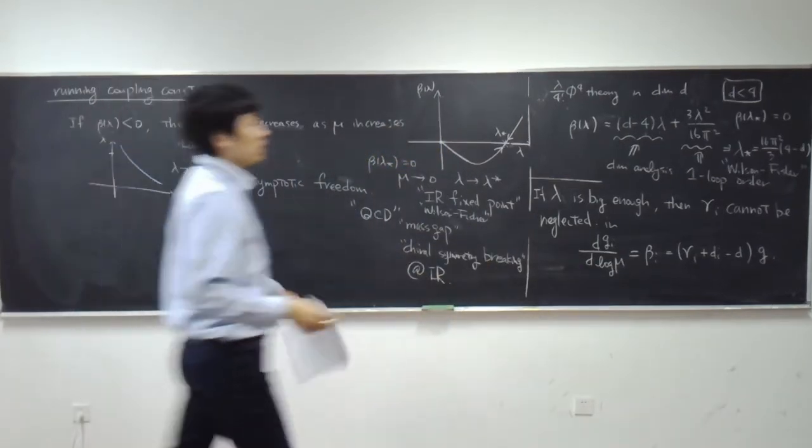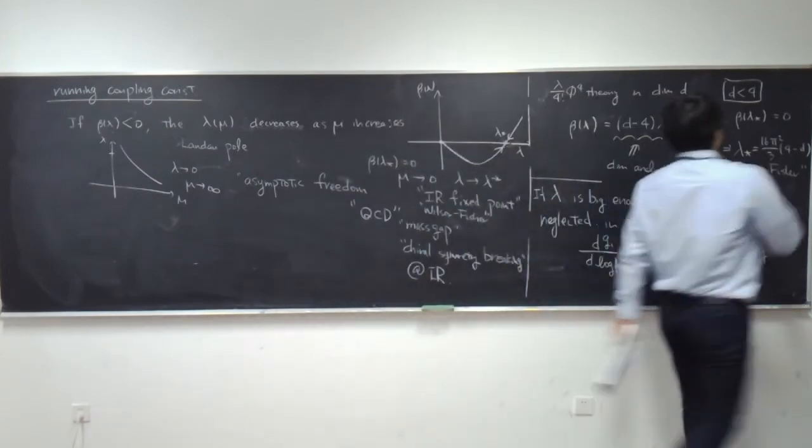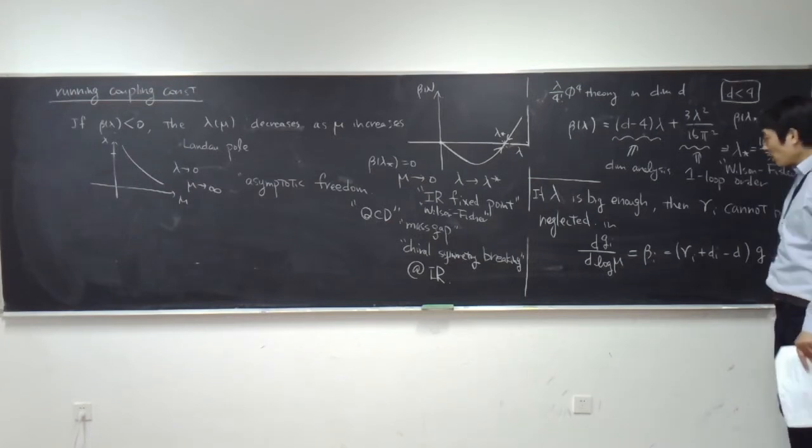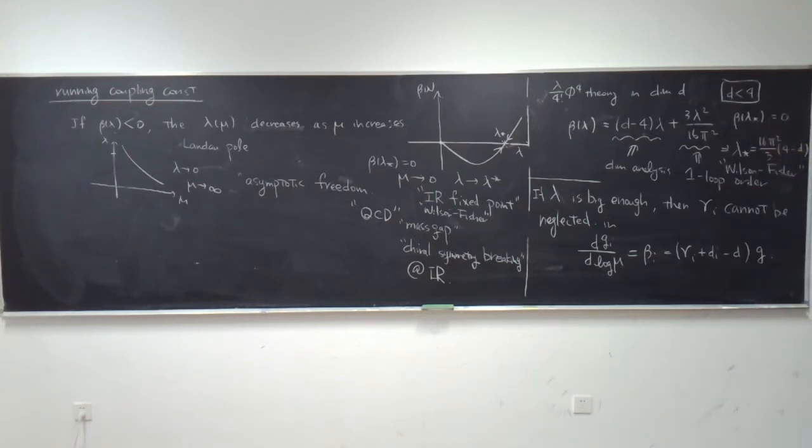As you can easily see, this number is no longer small when d equals 3 or d equals 2. Therefore, the perturbative analysis is no longer valid, and then you have to include the gamma. That's what I tried to explain. Sorry.